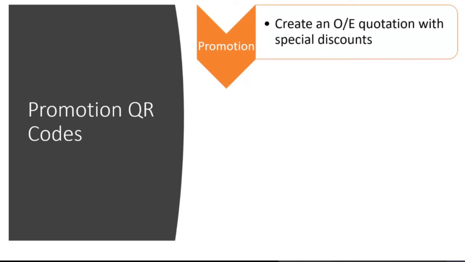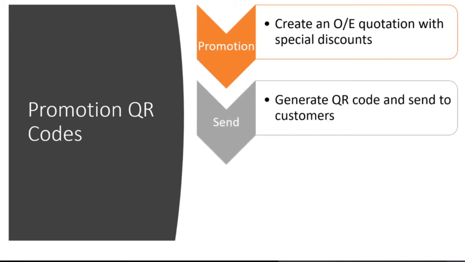And then the second feature we are adding is something called promotion QR code. So we came up with the idea that it makes it easy for your customers to run promotions. In order to run a promotion, for example, they can create an OE quotation, and then within the OE quotation, they can put in special discounts for different items, etc. Then they can generate a QR code and send it to their customers about the promotion.